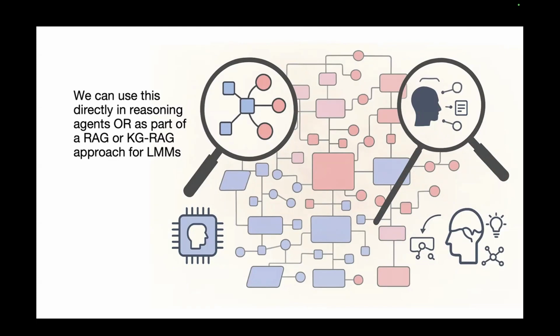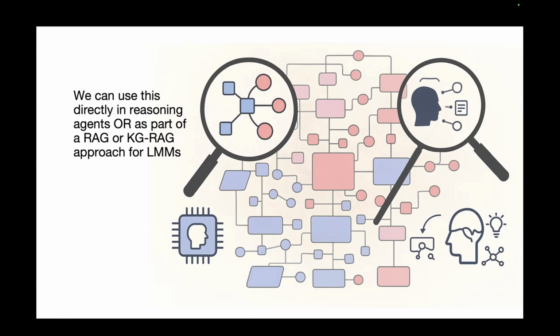RAG is retrieval augmented generation, for those who don't know, where basically the LLM queries either text, you give it text, or it queries a knowledge graph. And then it can, on top of it, do its thing. So I do think that the future is using KGs as part of LLMs. I always say LMM instead of LLM, as part of LLMs, right?